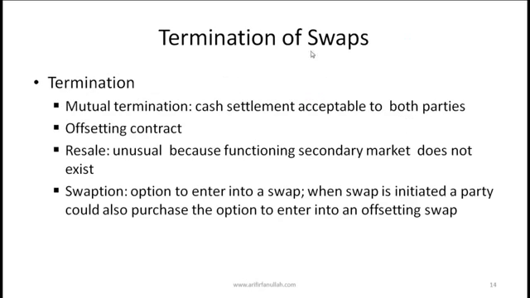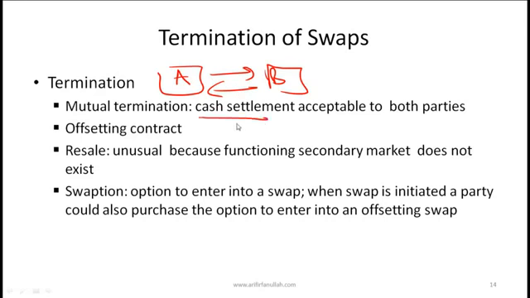Finally, how do we terminate a swap? So one way of terminating a swap is where both, let's say, party A and party B are in this swap, and they both agree before the completion of the swap tenure that one party pays a certain amount of cash to the other party.